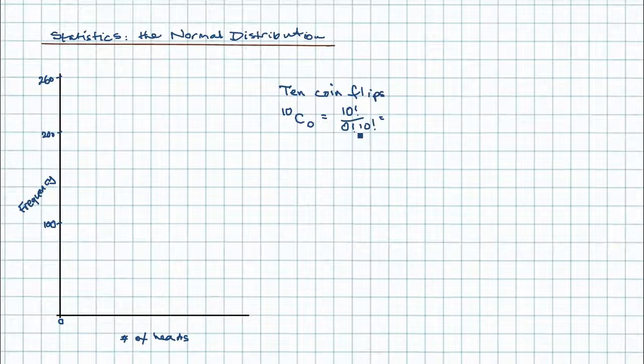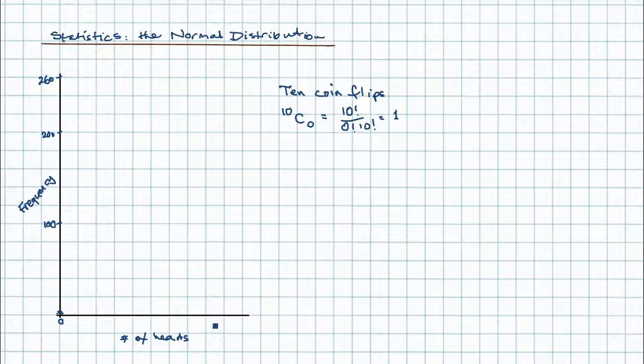So we've got 1 divided by 1 times 1. In other words, 10 choose 0 equals 1. So we're expecting only to get 1. In fact, there's only one way, we could say, of getting 0 heads. In other words, all tails.